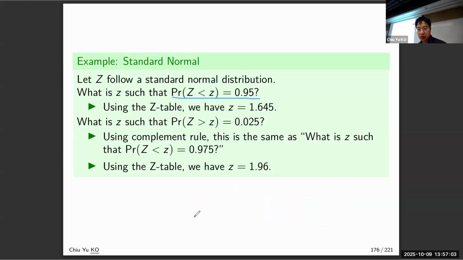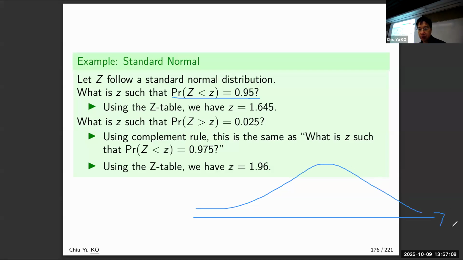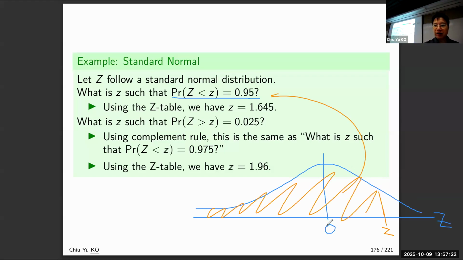So the question is the following. The bell here, this is 0. The question is asking, what is this small number z such that all the left-hand side is 95%?